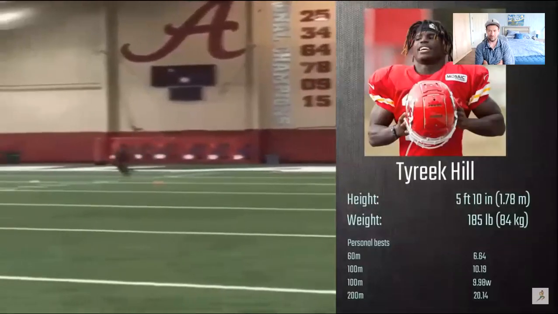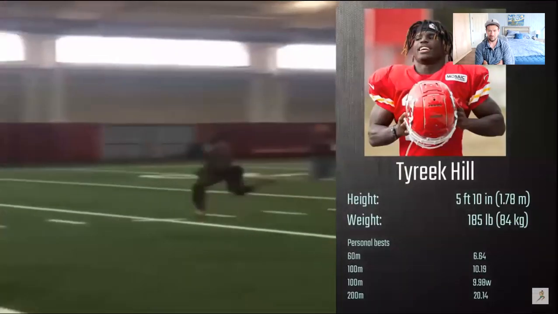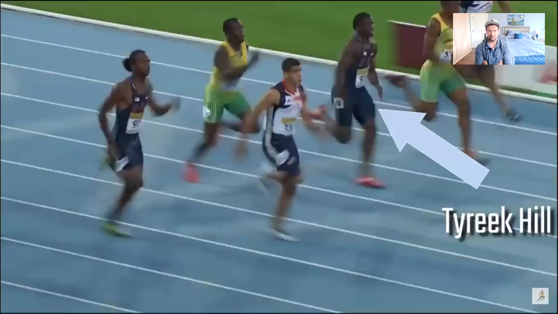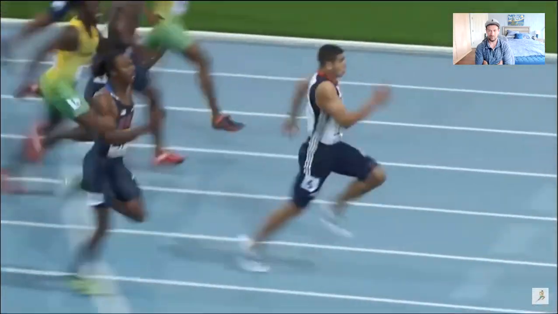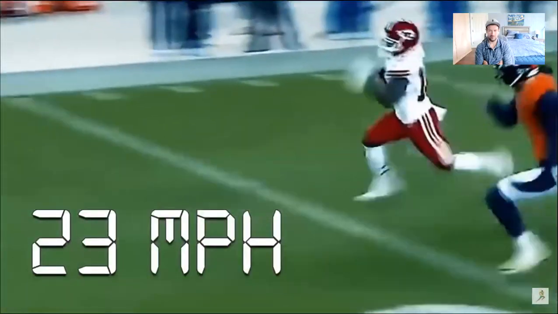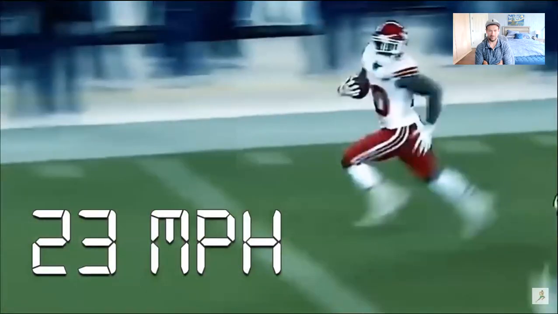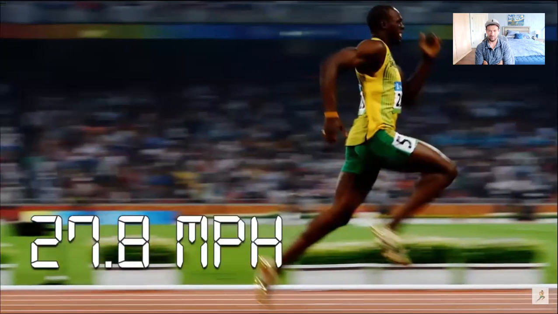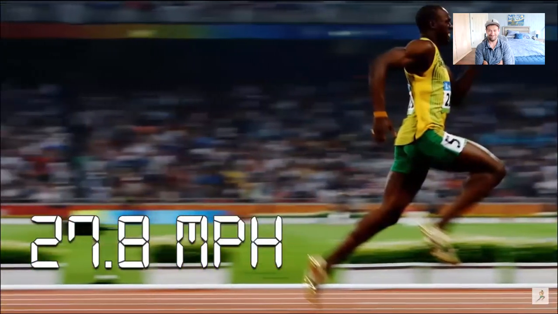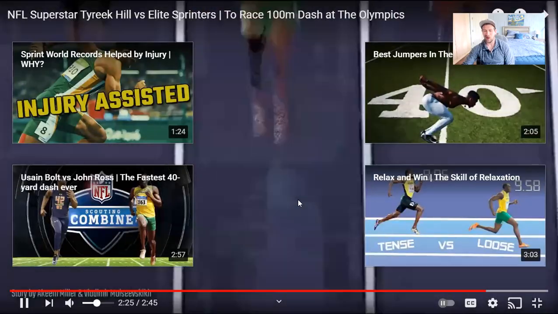Even though Hill can cover the first 40 meters as quickly as a world-class sprinter, the challenge for him doesn't lay in his start, but actually what comes after. While it is exciting to watch Hill racing up the field at super speed, nevertheless, elite sprinters can run up to 27 miles per hour, so Hill's highest ever recorded speed leaves him at the far end of the fastest athletes in the world. So not quite, right?